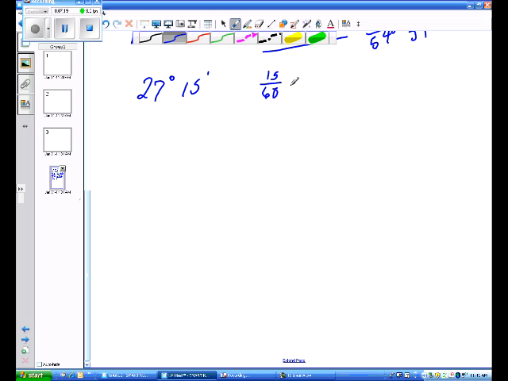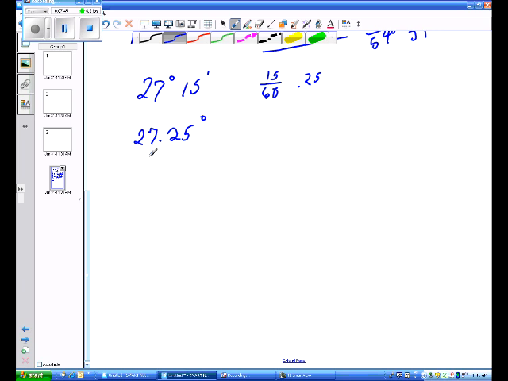If you divide 15 by 60, you get 25 hundredths. So 25 degrees 15 minutes is the same as 25 and 25 hundredths of a degree. This is what we would call decimal degrees. And so if you're having to change your degrees and minutes, this is how you would do it.